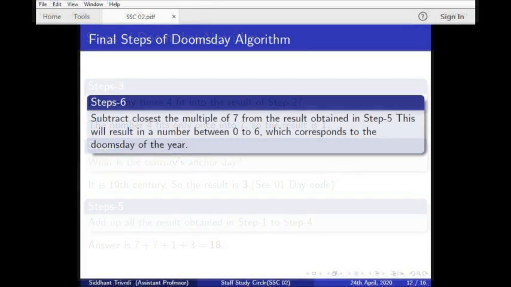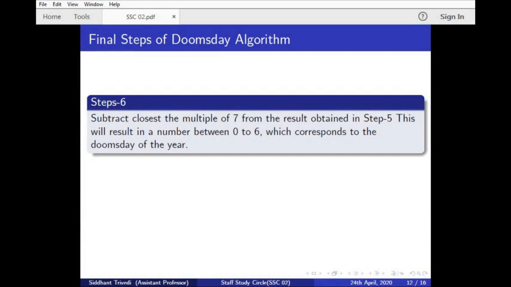In step 6, subtract the closest multiple of 7 from the result obtained in step 5. This will result in a number between 0 and 6, which corresponds to the Doomsday of the year.